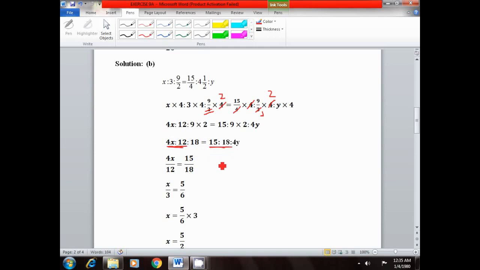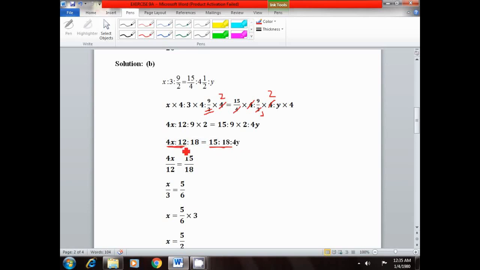Keep in mind, to find the value of variable x, we will take the first two quantities on the left side of this equation, same as we will take the first two quantities on the right side of the equation, and then we will write these quantities in the form of a fraction.